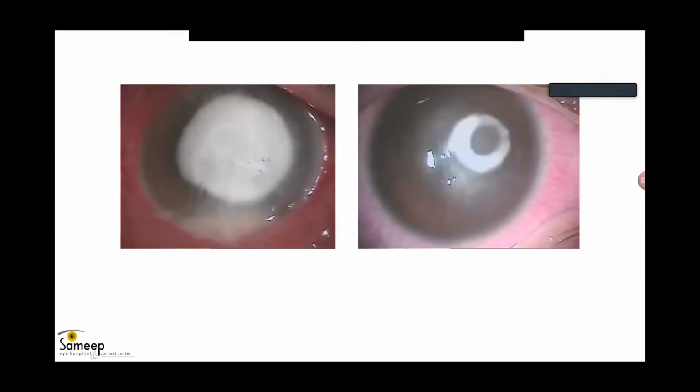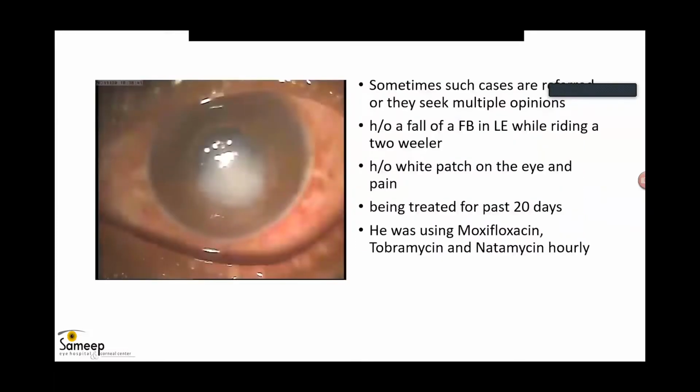If the presentation is at this level, it would definitely require management by somebody well oriented to corneal workup or with access to the microbiological lab workup. Sometimes such patients are referred to us, or they seek multiple opinions, as for example this patient. Now we will take some clinical cases and finish with that clinical scenario.